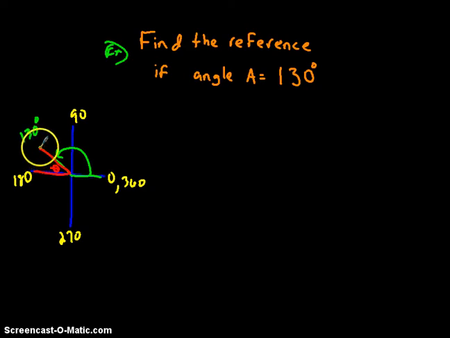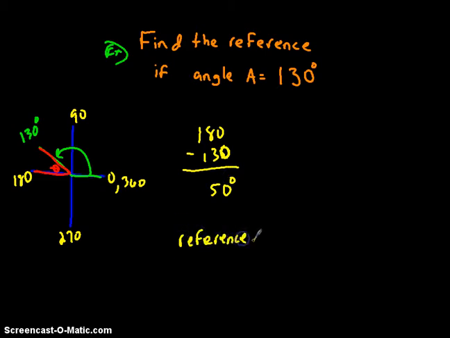So to actually get from 130 to 180, how many more degrees is that to make up that little piece? So basically, I'll just take 180, I'll subtract 130 from it, and that leaves you 50 degrees. So I know my reference angle in this case is 50 degrees.